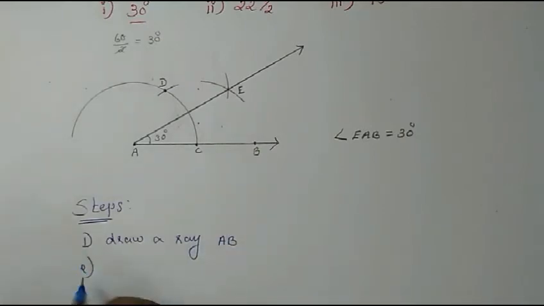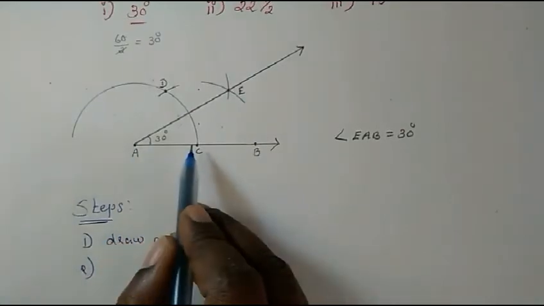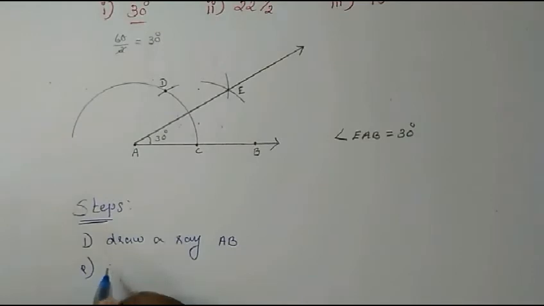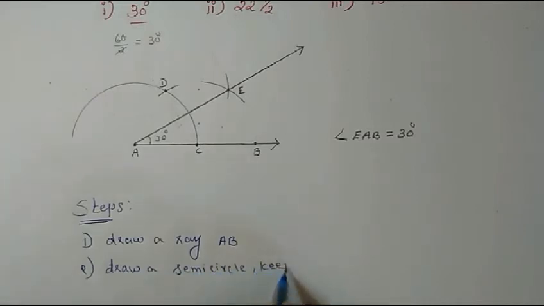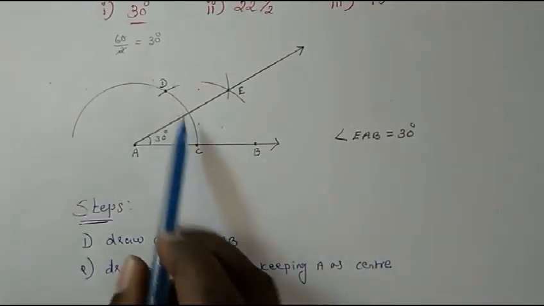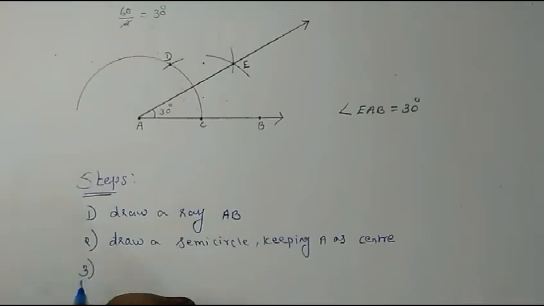Next, we kept A as the center and drew this semicircle. Draw a semicircle keeping A as center.